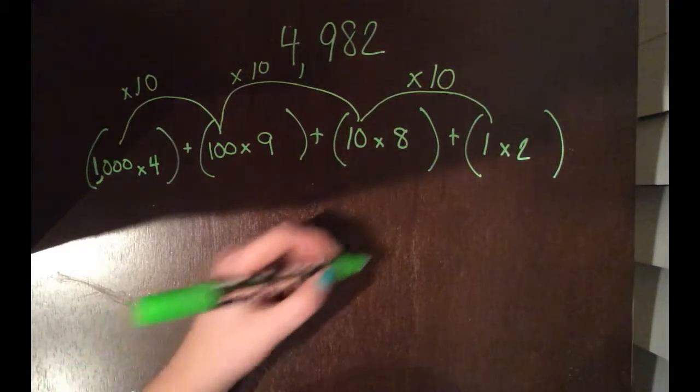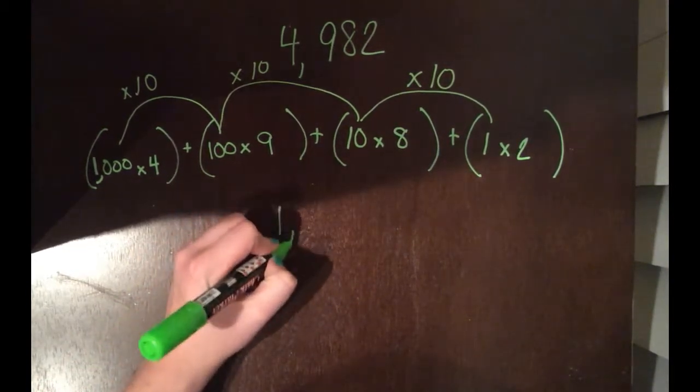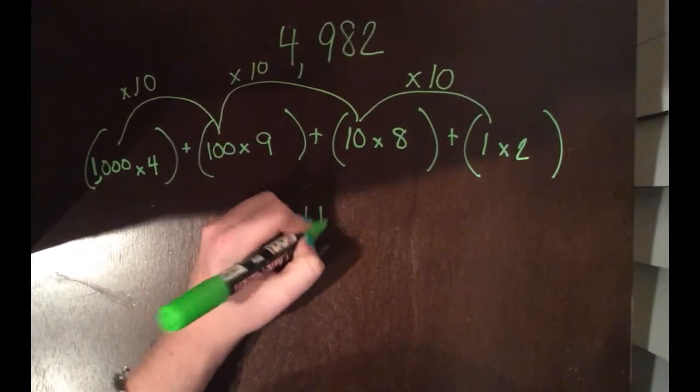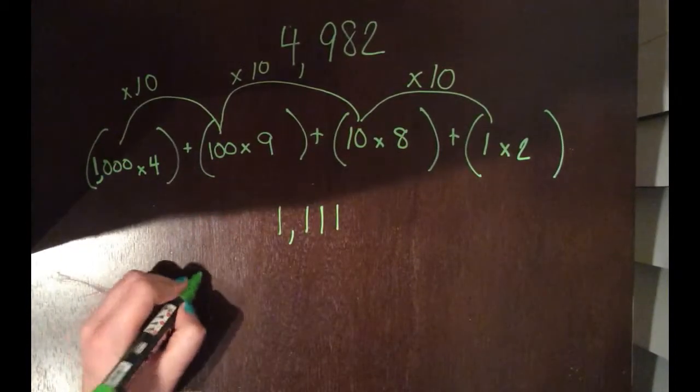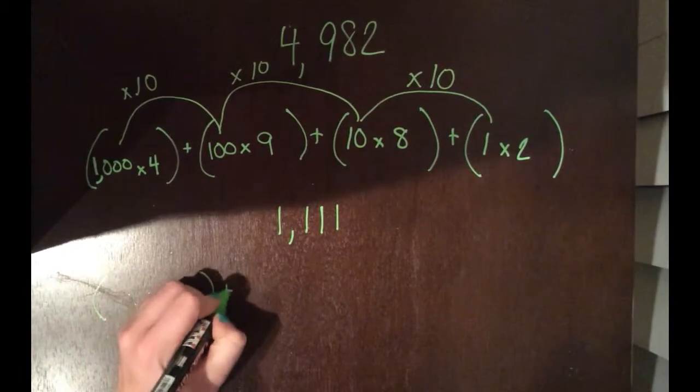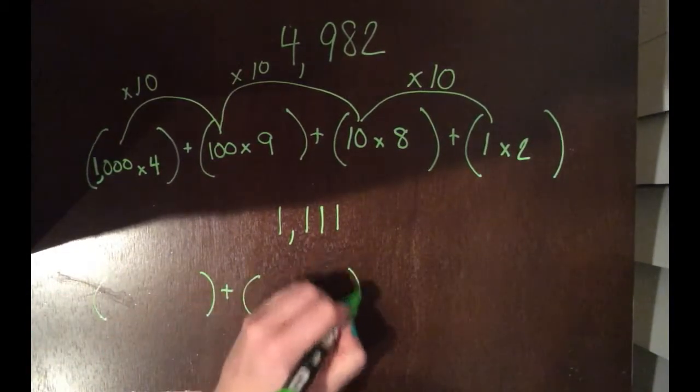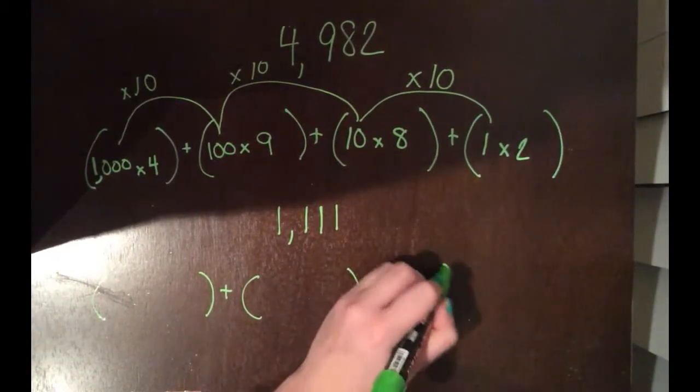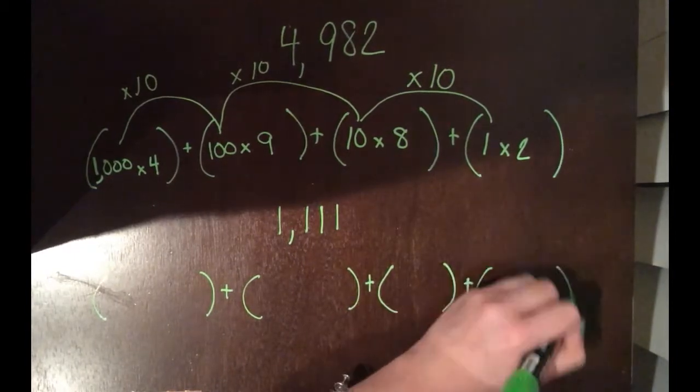Okay, so if I had the same number, 1,111, I would still do my 4 sets of parentheses.